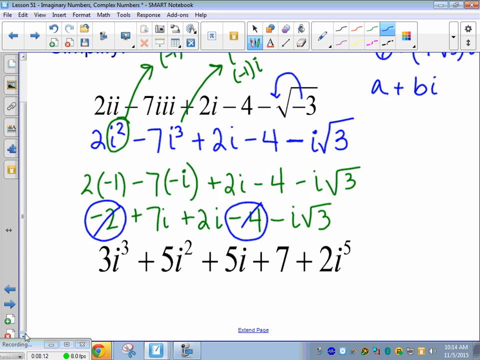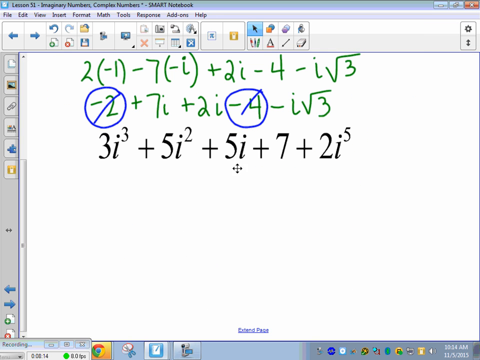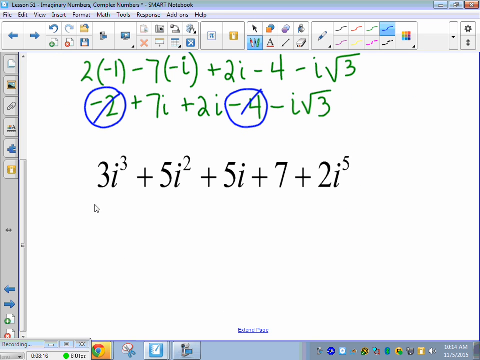Okay, let's try another one. All right, so we have 3. We do want to just memorize that i cubed is the same as negative i, plus 5. We're going to memorize that i squared is the same as negative 1.